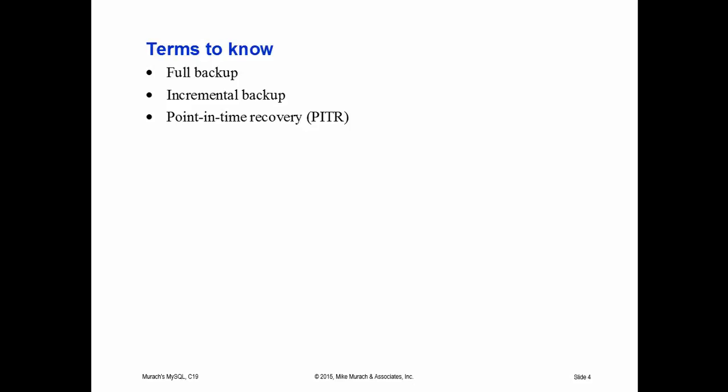Of course, it would be important to perform full backups on a regular schedule. Incremental backups only contain changes that have been made to the structure and content since the last full backup. And again, point-in-time recovery allows you to restore the data up to any specified point in time.